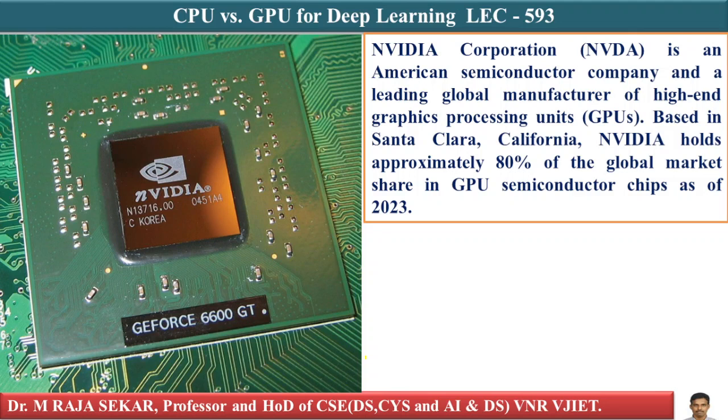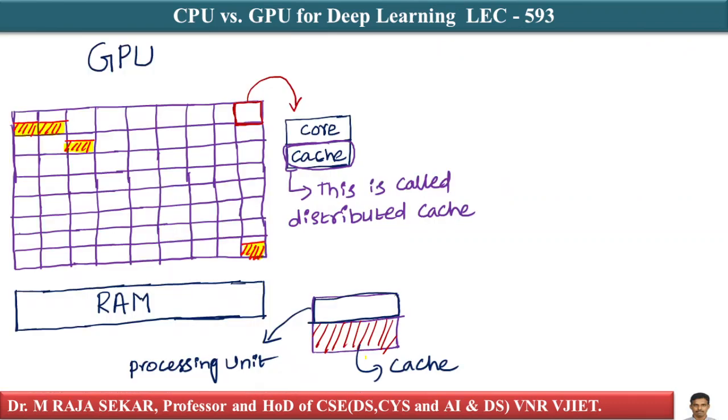CUDA is a programming interface through which you can say: this is the data that I have in RAM. Which parts of the data should I bring into each of these cores? How should I build my distributed cache?